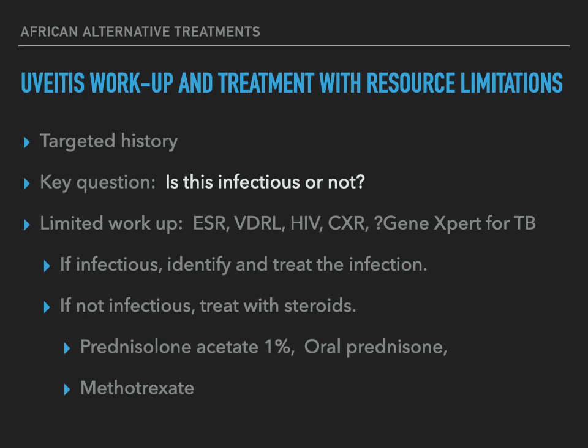If infectious, then we treat the infection. If not, then we turn to steroids or other suppressive agents like methotrexate. Sometimes, if the history or exam really makes us suspicious of TB, then we will treat presumptively for tuberculosis.